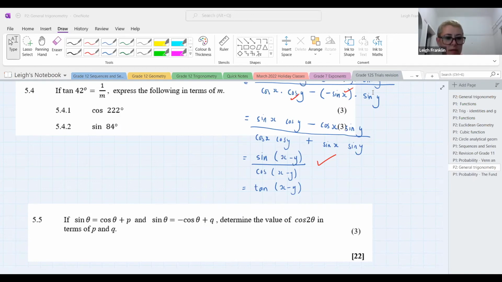Good. All right. So you've got P is sine theta minus cos theta. Lovely. And what did you get for Q?